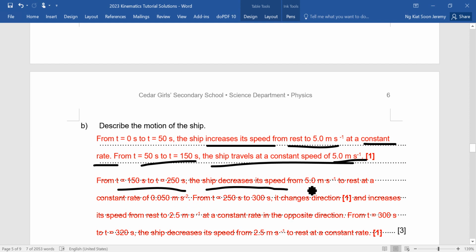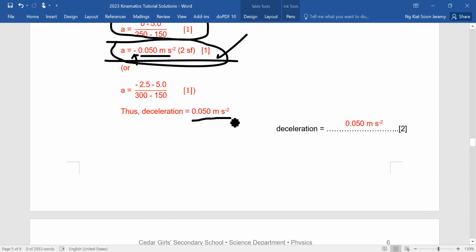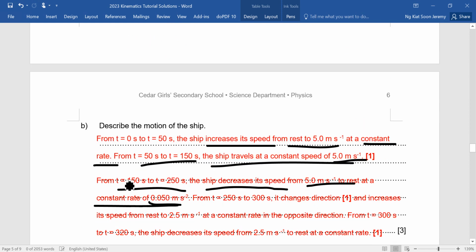From this to rest. Where's the rest? v equals 0. At a constant rate of 0.050 m s^-2. How come I bother to calculate this value? Actually, I didn't. I just took it from here. Since the question asked me to calculate earlier, I'll just insert the value here. From here to here, it changes direction.